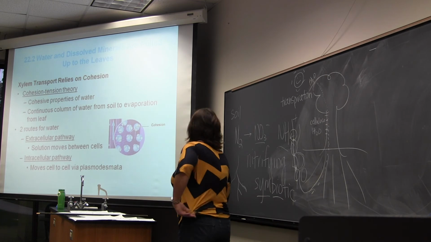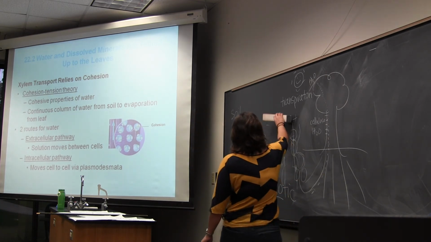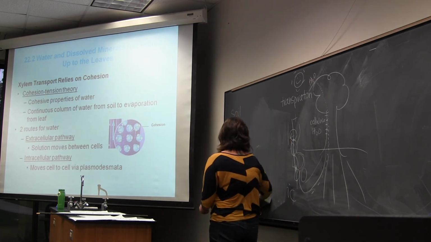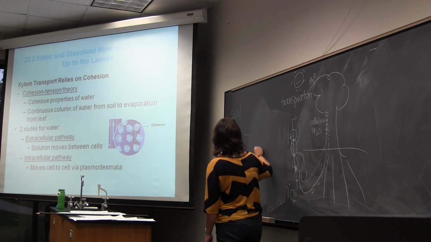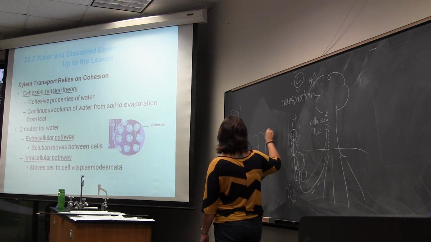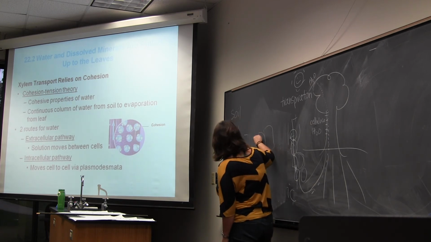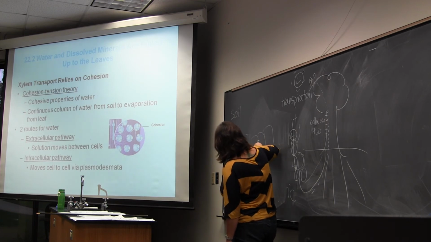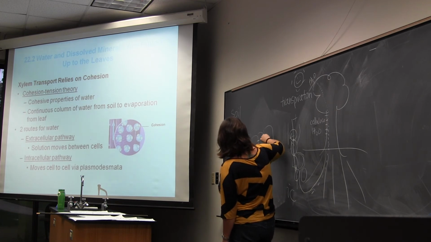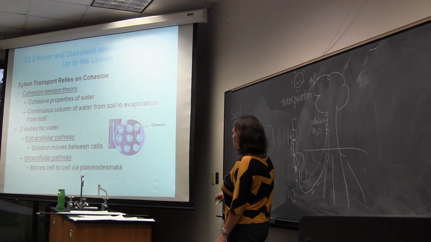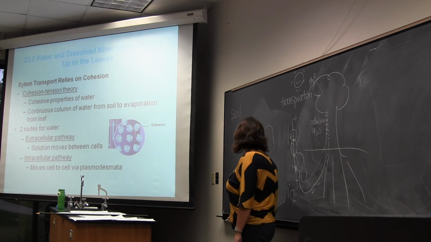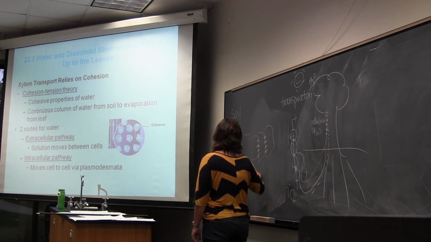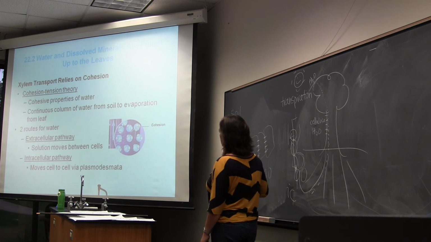The plasmodesmata. So when we have adjacent plant cells, here's a plant cell, here's another one, there's another one. They're going to have these little holes in them that are connecting the cytoplasm of each adjacent cell. And that little hole, that's what the plasmodesmata is.